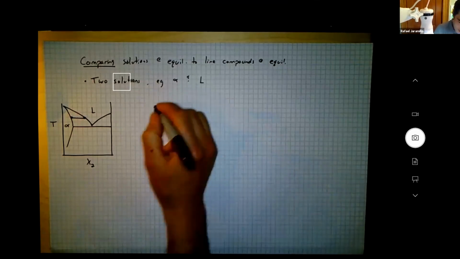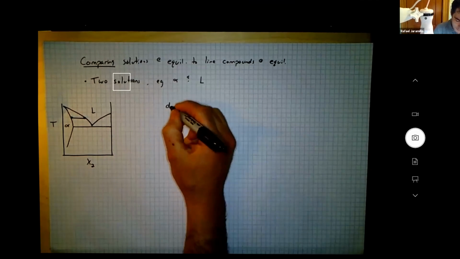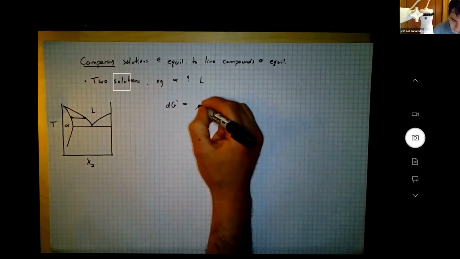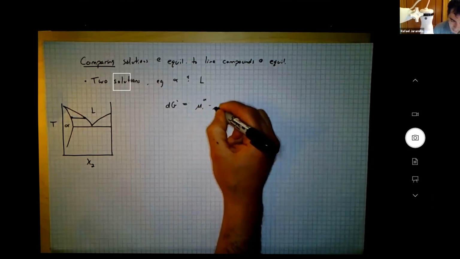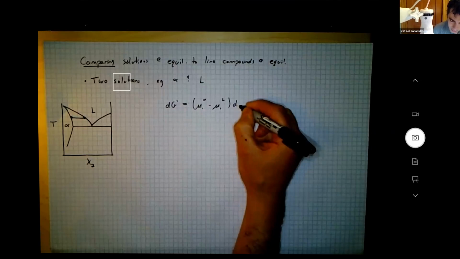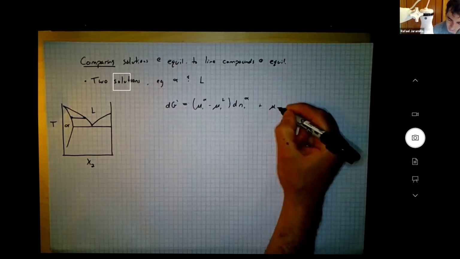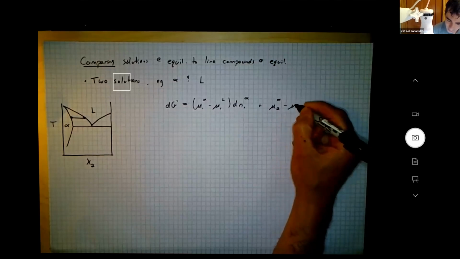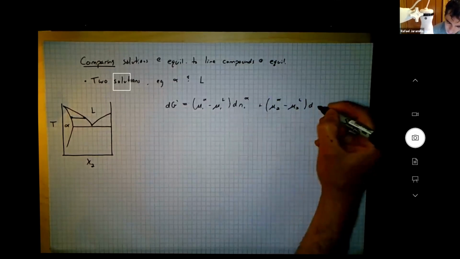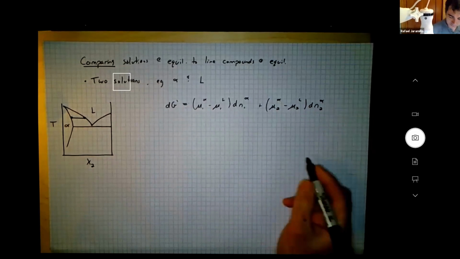We know that along that line, dG equals (mu1 alpha minus mu1 liquid) dn1 alpha plus (mu2 alpha minus mu2 liquid) dn2 alpha. This is just recalling previous stuff.